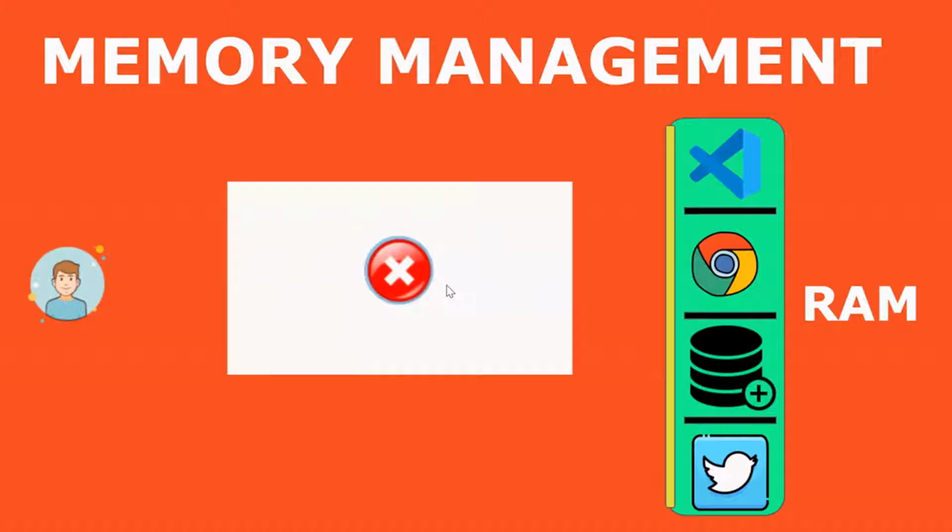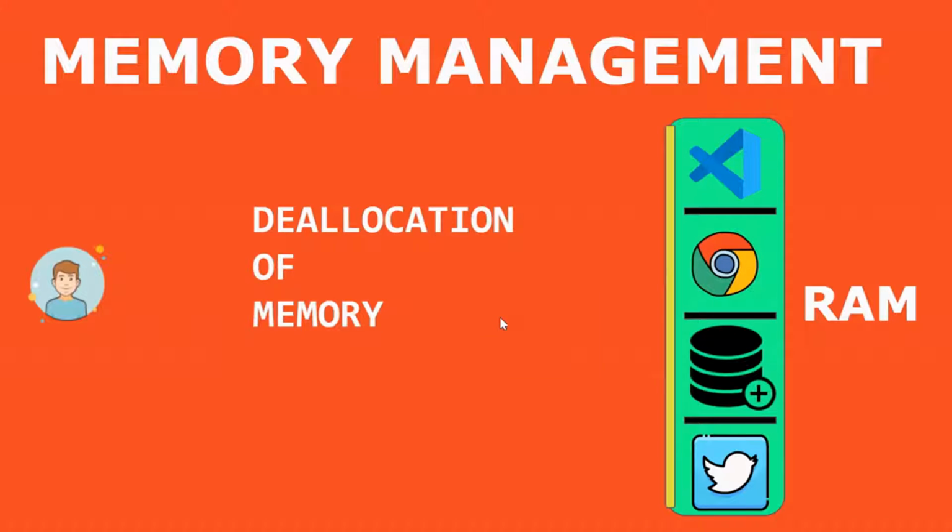Now let's say you want to close those applications. Then after closing, you want the memory that is allocated to those processes to be freed as well. So basically you want deallocation of memory from those applications.